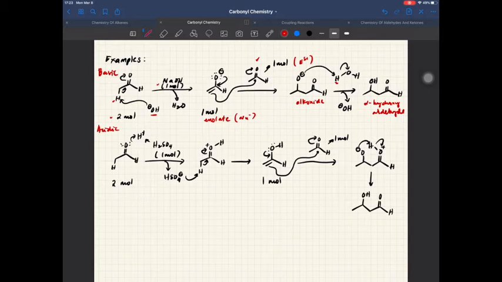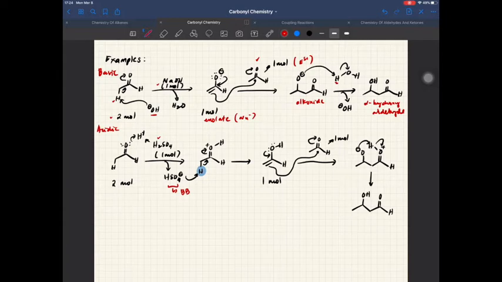In acidic condition, first we need to activate the carbonyl group through addition of sulfuric acid. Now this activation will result in increased acidity of the alpha hydrogen, so this alpha hydrogen will now be very acidic to the point that the conjugate base will act as a Bronsted acid to abstract this alpha hydrogen.